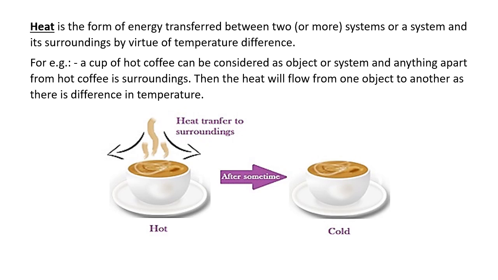Then the heat will flow from one object to another as there is a temperature difference. And after some time, you will see this hot cup of coffee will become cold as there will be transfer of heat.